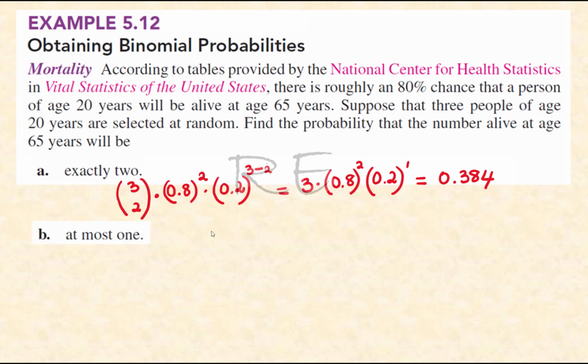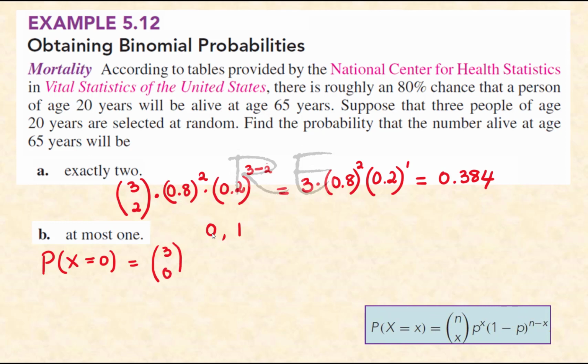Now, the answer is 0.384. At most 1: P of at most 1, so it could be 0 or 1. So it's P of capital X equal to 0, which is 3 choose 0, times 0.8 to the 0 power, times 0.2 to the 3 minus 0, which is 3.